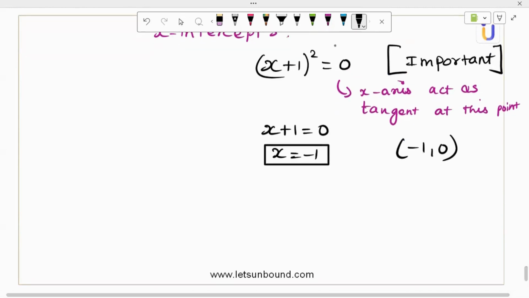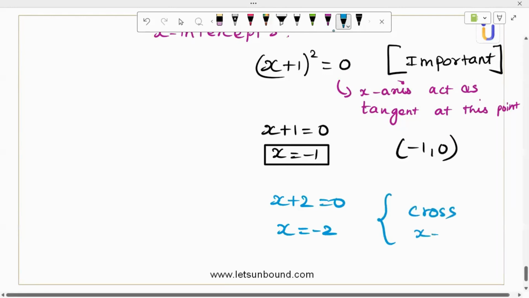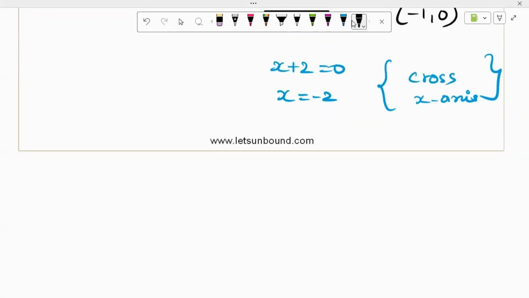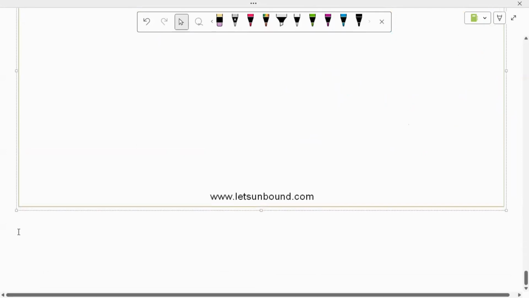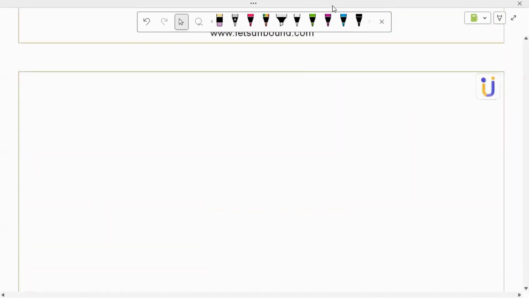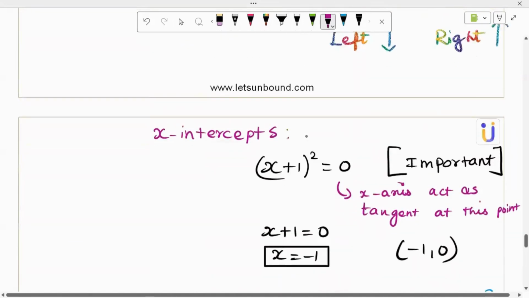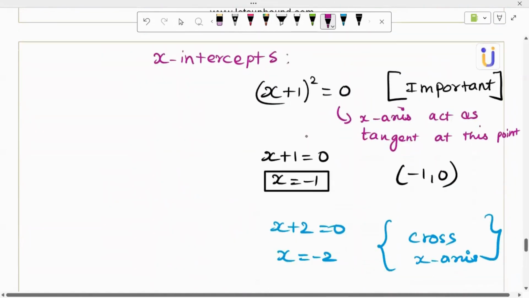And one more intercept is x plus 2 equals 0. This is just a normal thing. So it will just cross the x-axis, not like a tangent. Okay, next one is the y-intercept. So these are end behavior and then x-intercept.